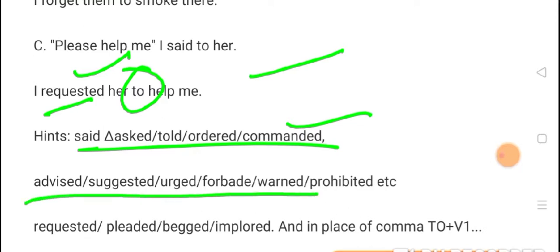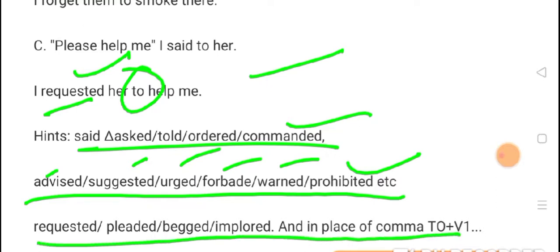In case of suggestion or advice, you have to use all these words. And in case of request, you have to use words like requested, pleaded, begged, implored. In case of advice, suggested, urged, forbade, warned, prohibited, like that. But you must use "to" plus V1 after changing the reporting verb.